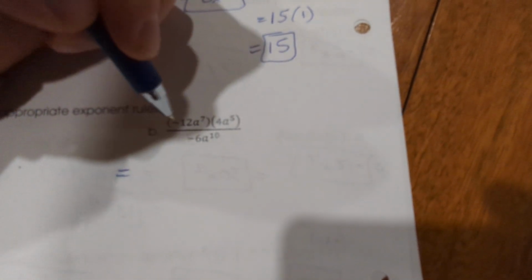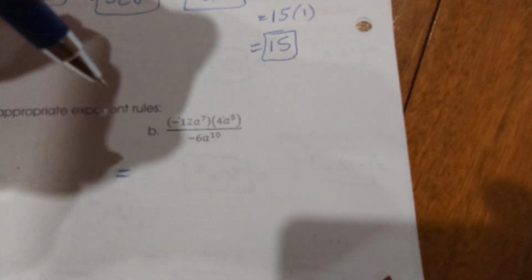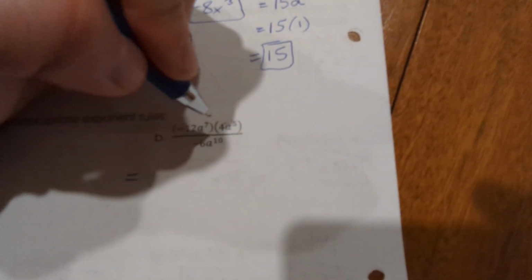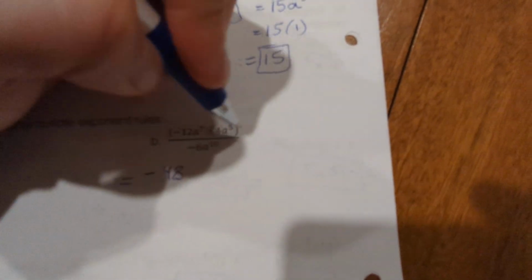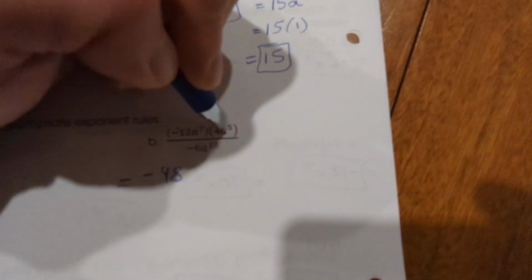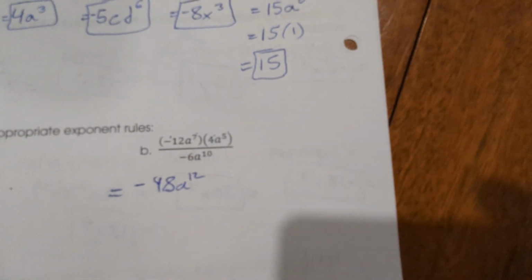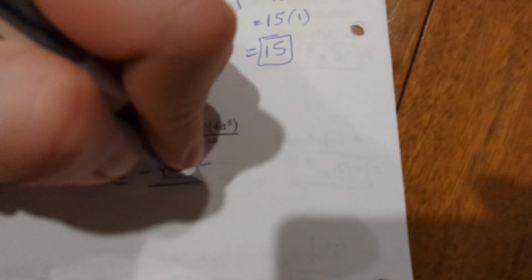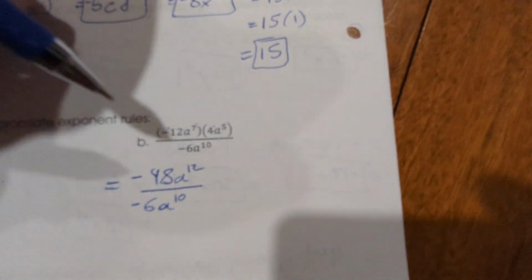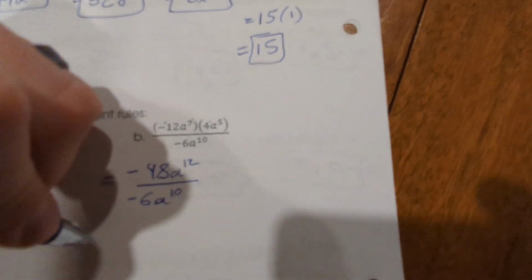Okay, next one. Negative 12 times 4. Again, doing the top first. Negative 12 times 4 is negative 48. And then we have a to the 7 times a to the 5, which is a to the 12. And then this is all over negative 6a to the 10. Okay, we're dividing what we got up here by what's down here.